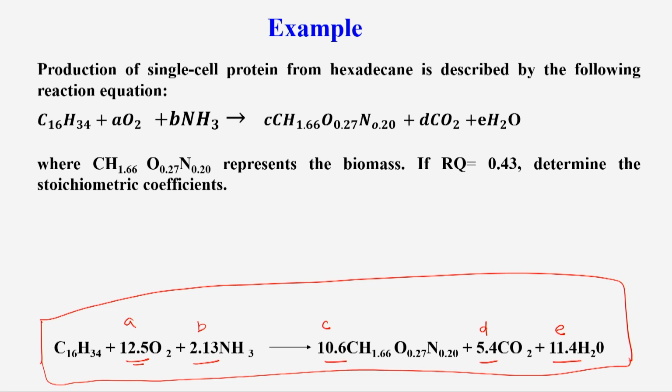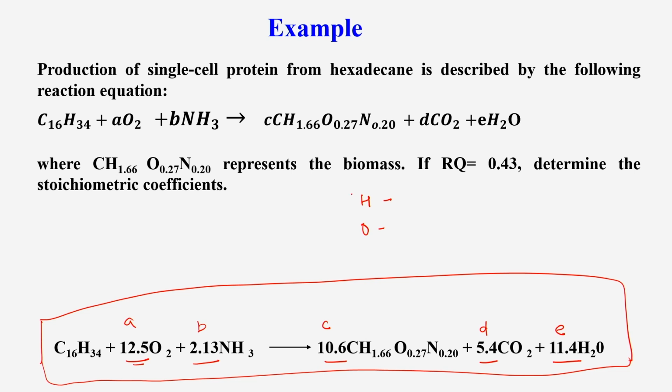Now, it is important what we did here: we did hydrogen balance as well as oxygen balance. But many times in the bioprocess, we work with an aqueous environment and water is already present. So, in that case the change in the concentration of water is not very significant.